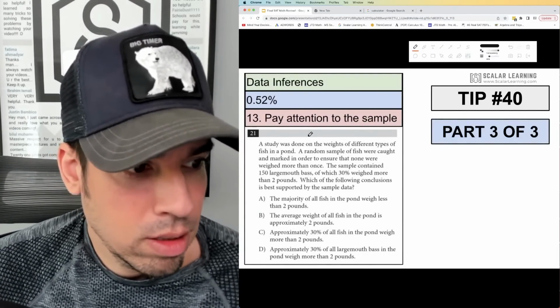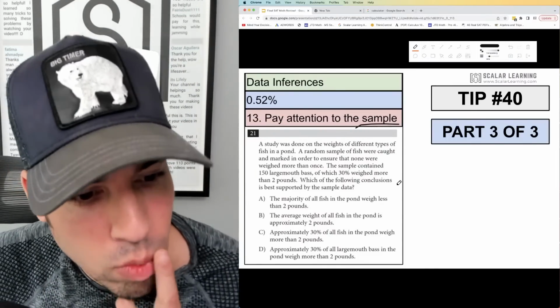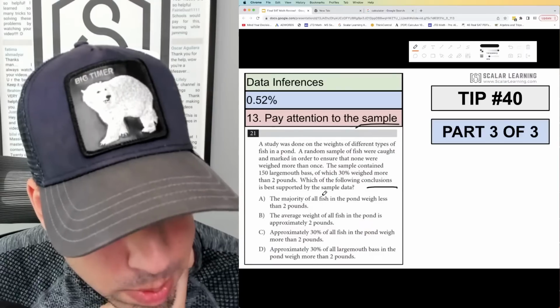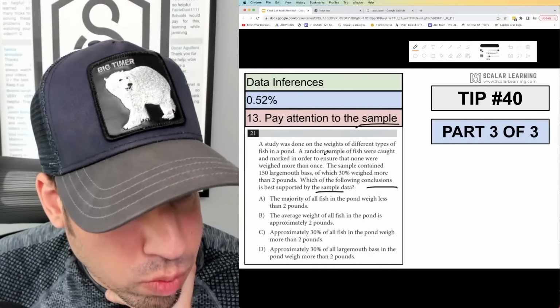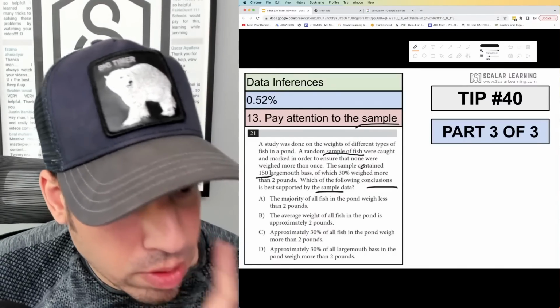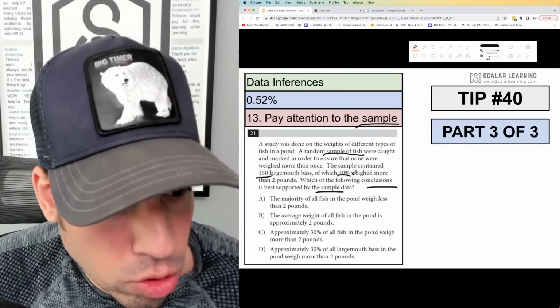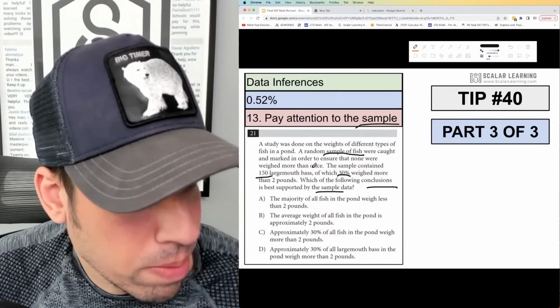All right. This tip: pay attention to the sample. Which of the following conclusions is best supported? And remember, a random sample of fish were caught, and the sample contained 150 largemouth bass, of which 30% weighed more than 2 pounds. Okay.